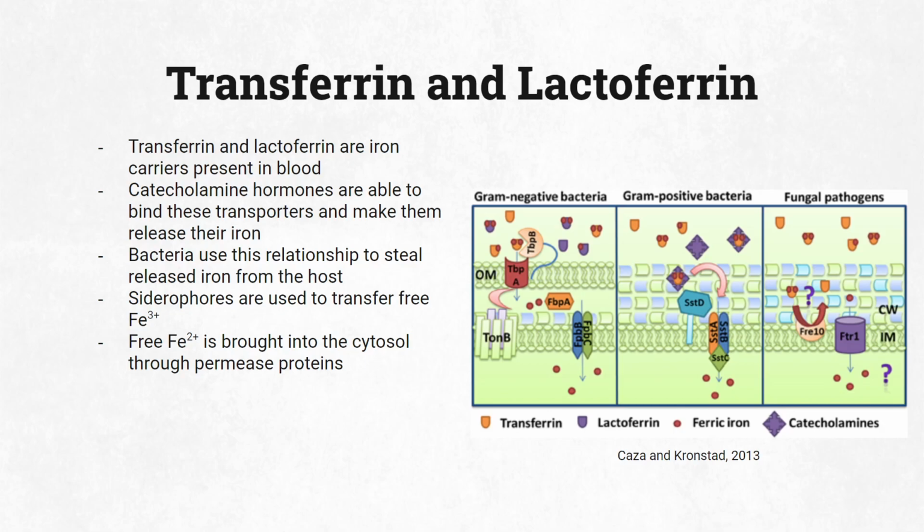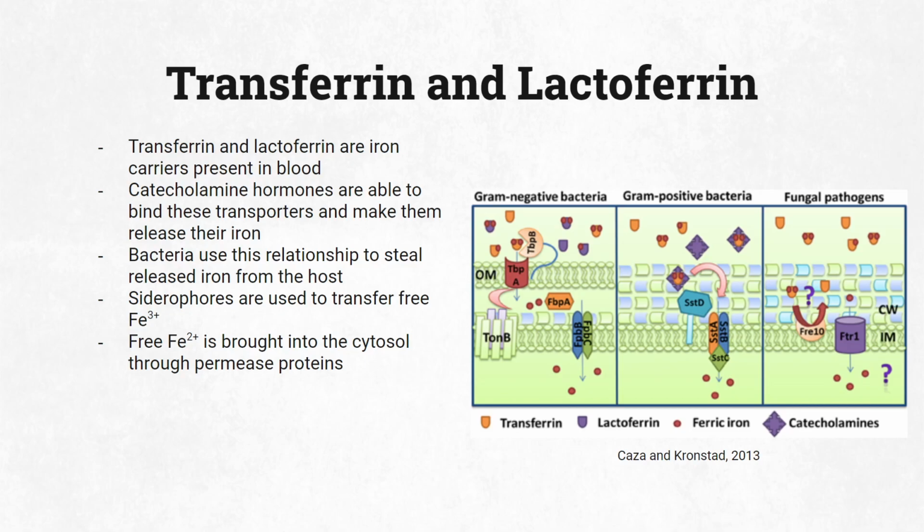Transferrin and lactoferrin are a bit interesting in their interactions with bacteria because transferrin and lactoferrin are iron carriers present in blood serum within the host. They aren't produced by the bacteria, they aren't brought in by the bacteria, they are present in the host before the bacteria gets there. And these carriers bind to iron to transport around the body wherever it needs to be, and lactoferrin specifically sequesters iron away when it is not needed.